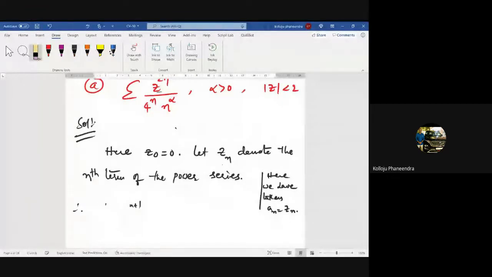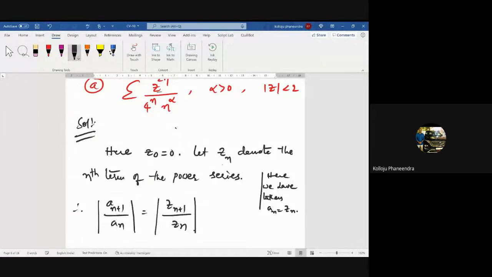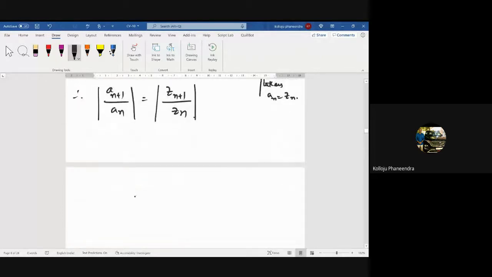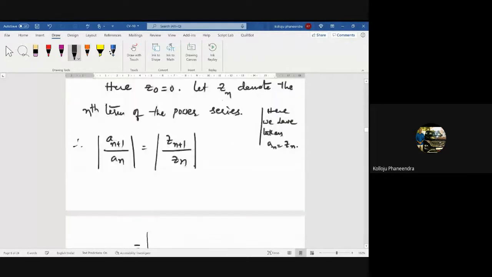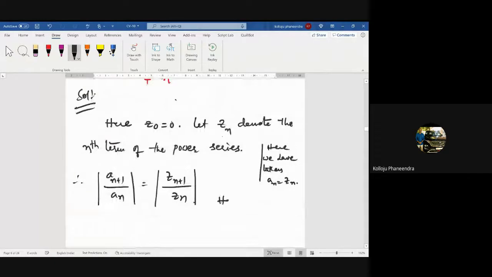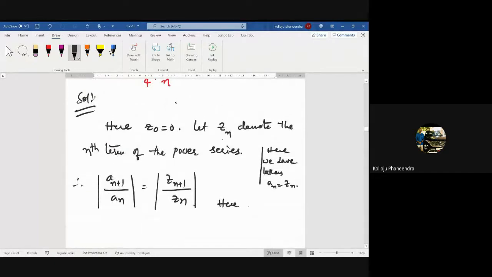Let me calculate first its value. Mod an plus 1 by an is nothing but Zn plus 1 by Zn. That is equal to modulus of, let me write, what is Zn? Why I am taking in terms of Z, let's see.